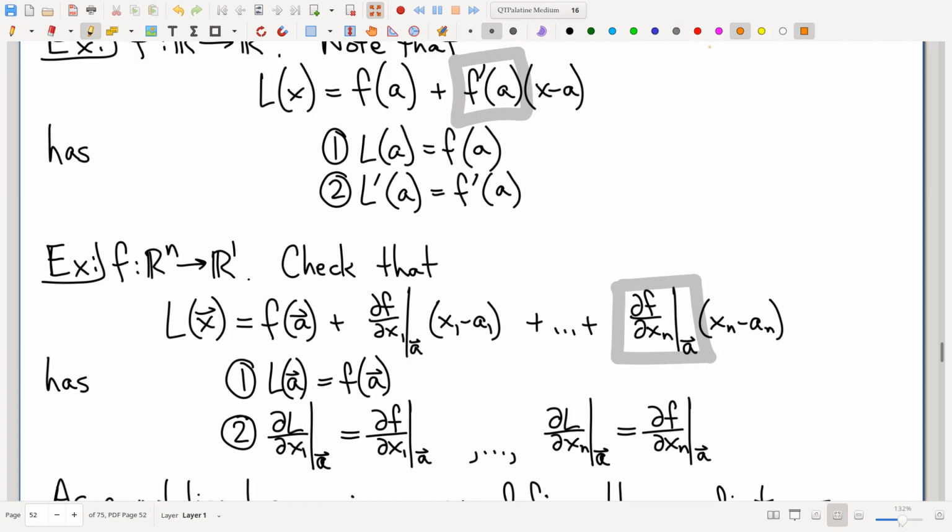The business about putting the a there, y'all are very familiar, I'm sure. If you say f prime of a, that parentheses a means, okay, evaluate at that point a. And that's all this means. When you have a vertical line with a subscript, that's just an alternative way to say I want to evaluate this at a.